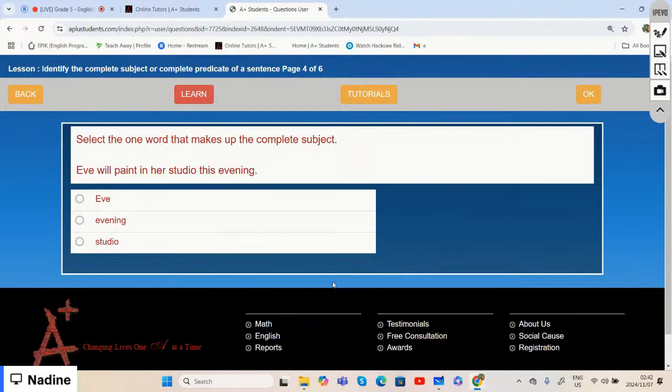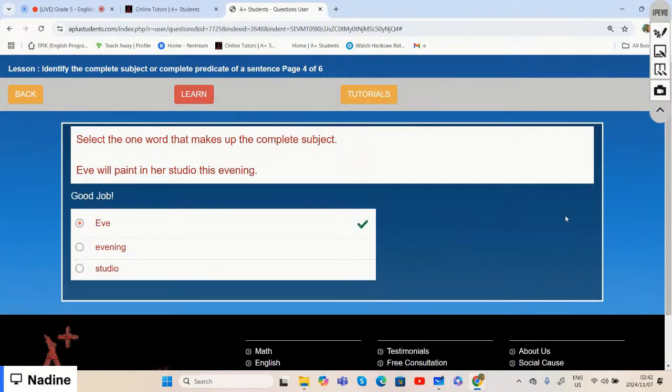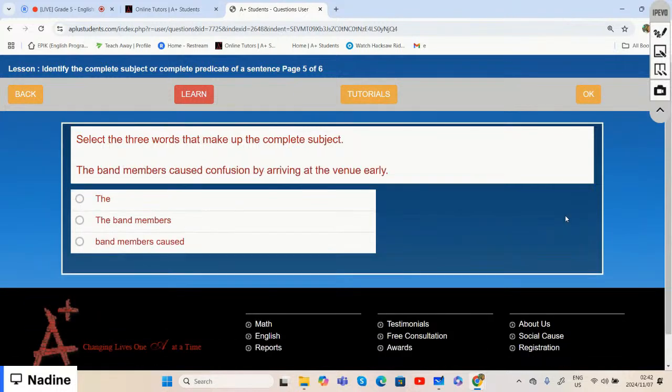If we select the one word that makes up the complete subject, we'll go to option one, which is Eve. And Eve is our subject that tells us who or what is doing something within the sentence. And Eve is correct.